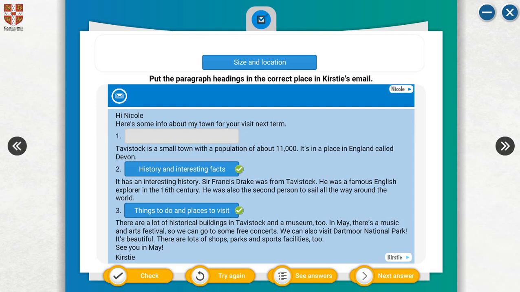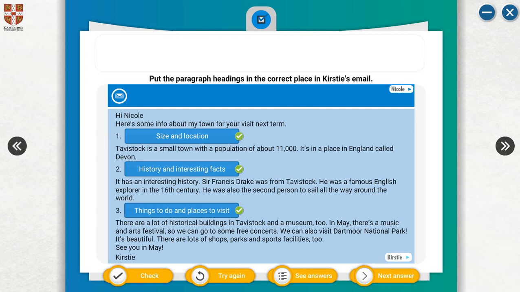Size and location, number 1. Now you can check your answer, please. Size, small town. Size means small town. Location, population is about also population. Now I close this page.